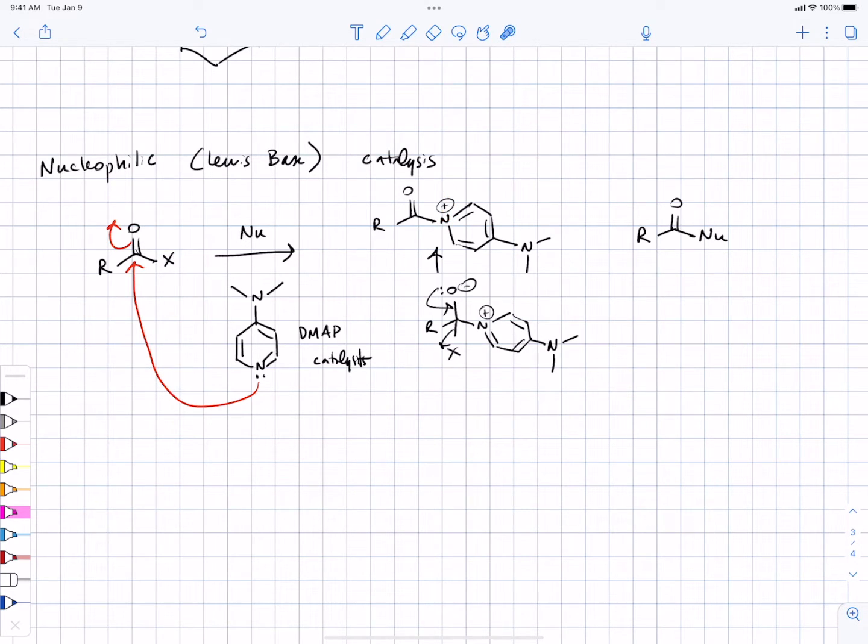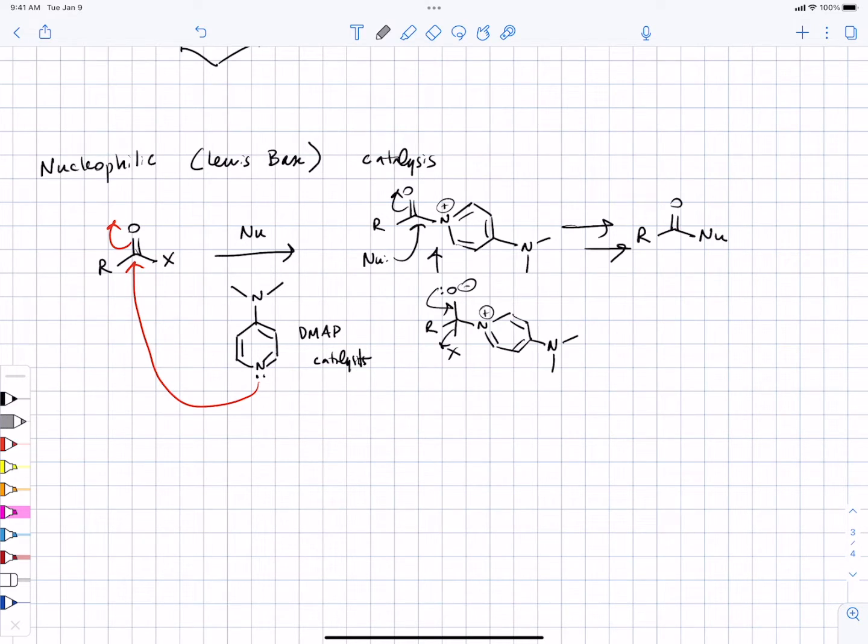And there's no way, in contrast to regular amide bond formation or ester formation, where you could remove a proton to get rid of the positive charge. There's no such thing here. And so then the nucleophile attacks, you get a tetrahedral intermediate, and then you get your final product.